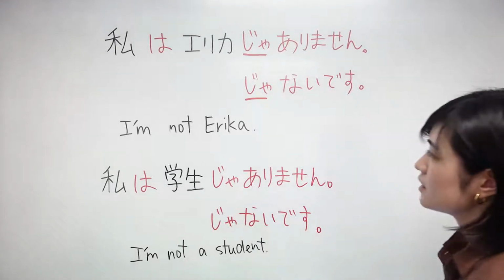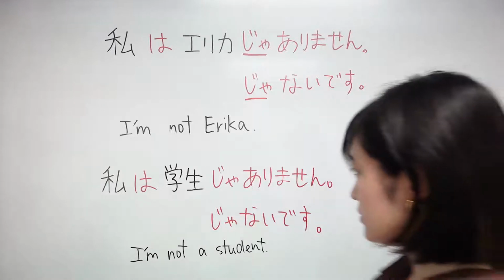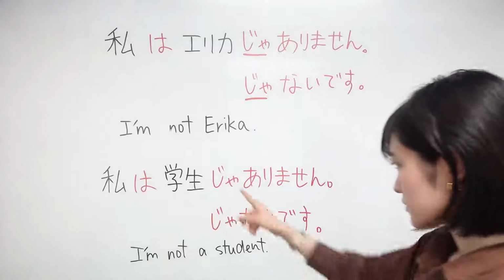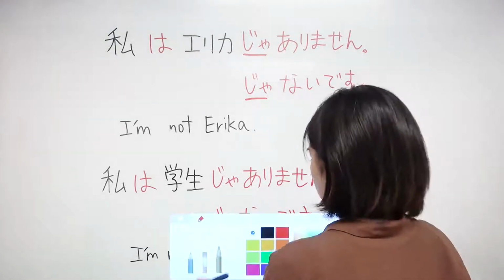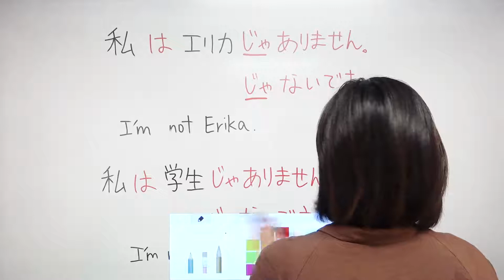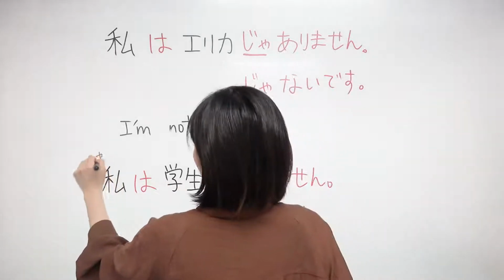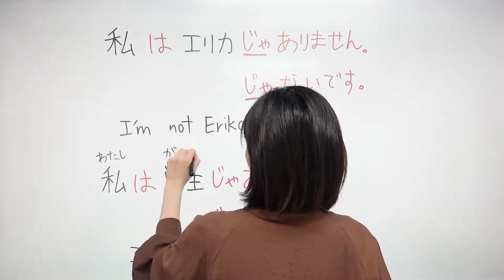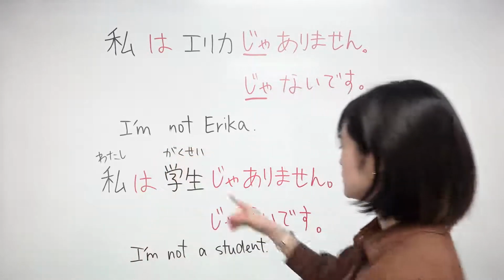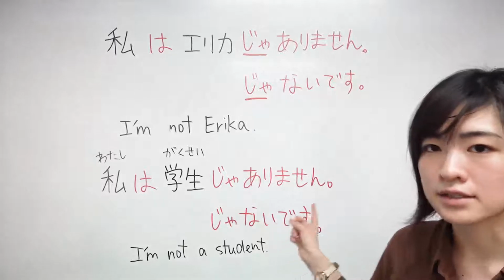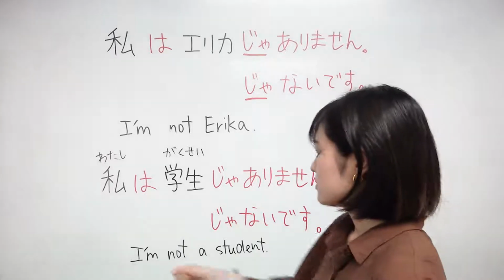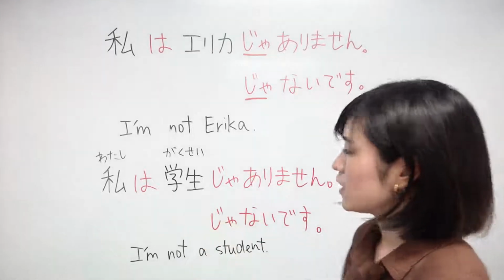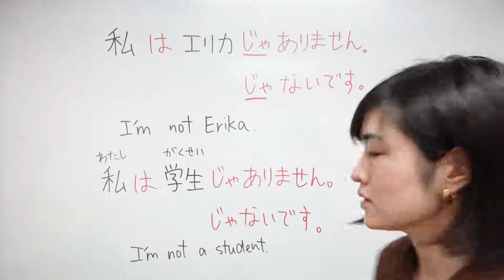Let's use this in another sentence. 私は学生じゃありません。This means I'm not a student. 学生, this means student.